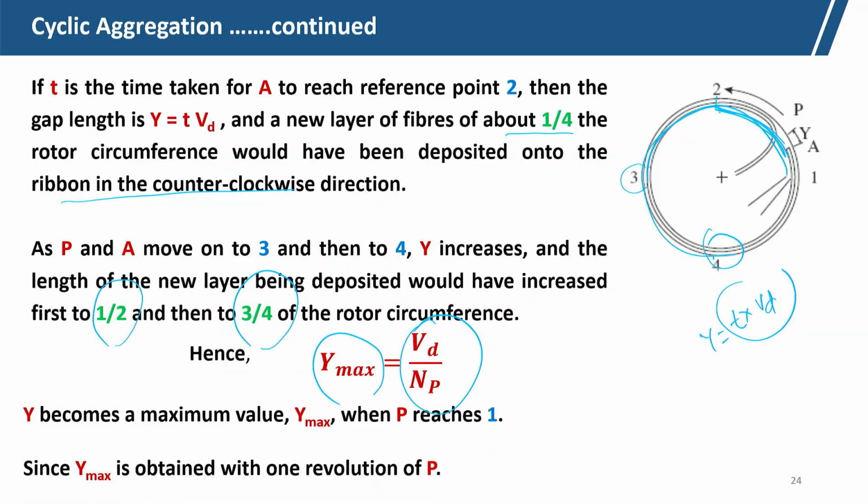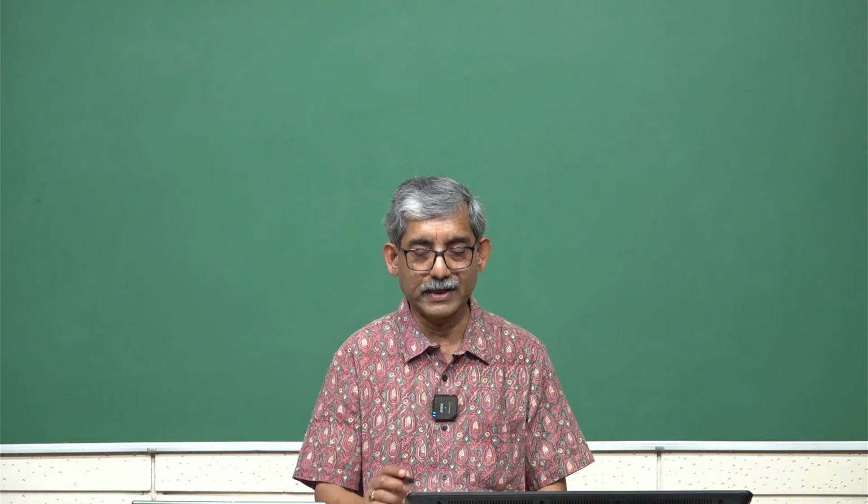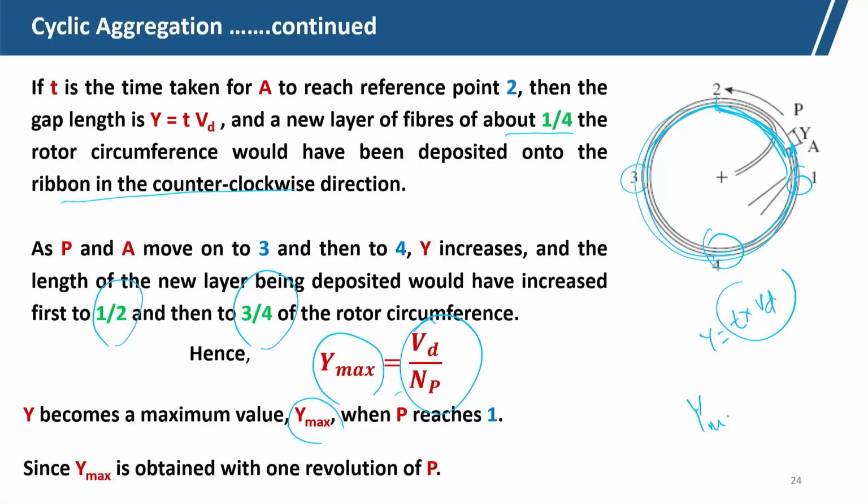Now, Y becomes maximum value Y max when point P reaches point 1 again. So, after one complete revolution, the difference between the point A and P will be Y max, which will be after one complete revolution.